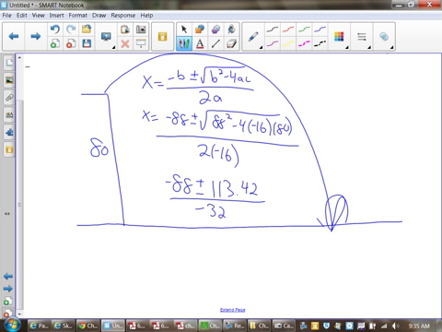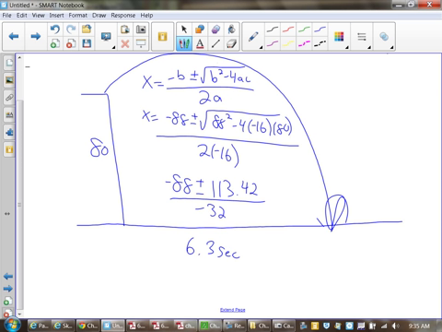So when you look at this, you're dividing by a negative value, but you want a positive value of time, correct? So should I do negative 88 plus 113 or negative 88 minus 113? I should do the negative value, that way I get a negative value divided by a negative to give me the positive value of time. So when you do that, you get 6.3 seconds.